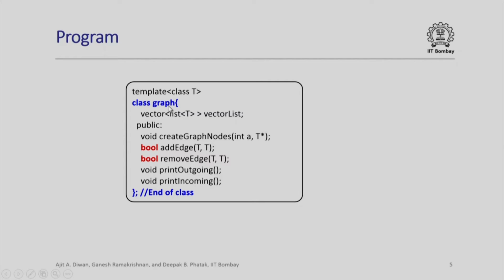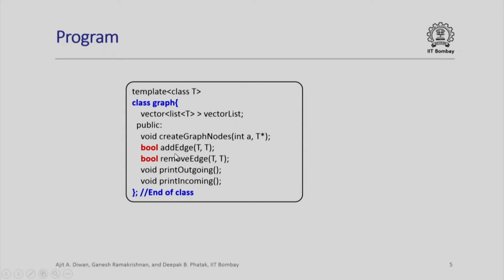The class graph remains as it is with an important difference. You remember that add edge and remove edge were functions which were declared as void functions. We now change these to bool functions. Why? Because each of these functions will have to now return true or false depending upon whether they succeed in doing the normal operation or not.